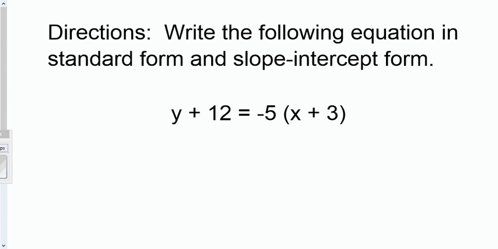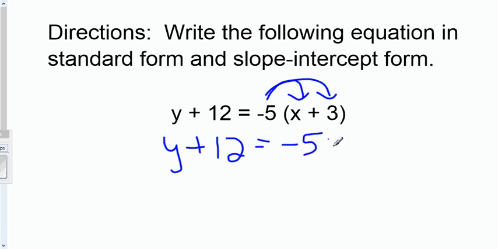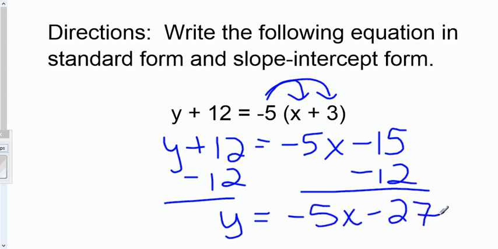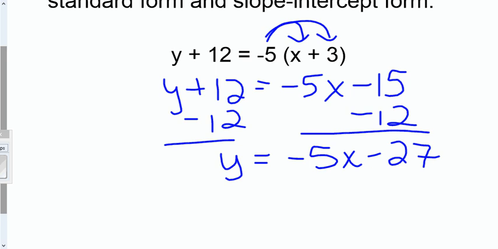Okay, let's check and see how you did. We're going to distribute negative 5, so we're going to get y plus 12 equals negative 5x minus 15, or plus negative 15 if you prefer. Subtract 12 from both sides. So we're going to get y equals negative 5x minus 27. We have negative 15 and negative 12.